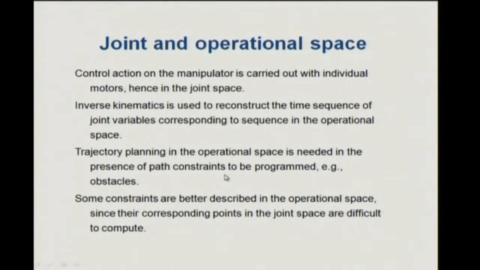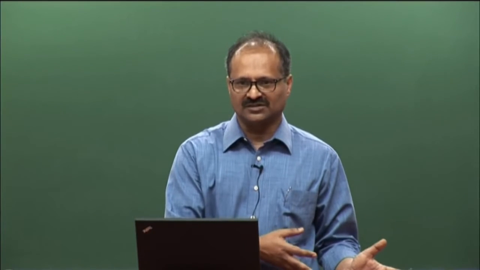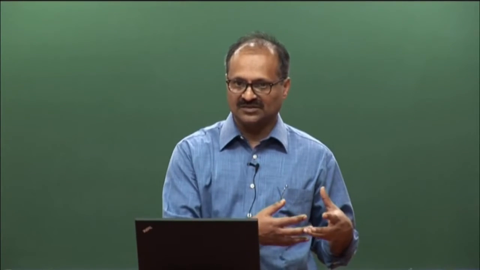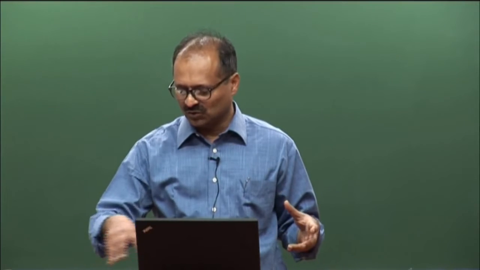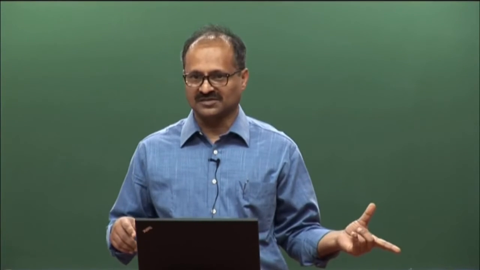And there are some constraints which are just simply difficult to define in the joint space. Suppose you say roughly I wanted to pass through this circular area. Now, converting this circular area into a corresponding definition in the joint space is difficult, because there are coupled links together. So, if you have a single point, you can map it into joint space.